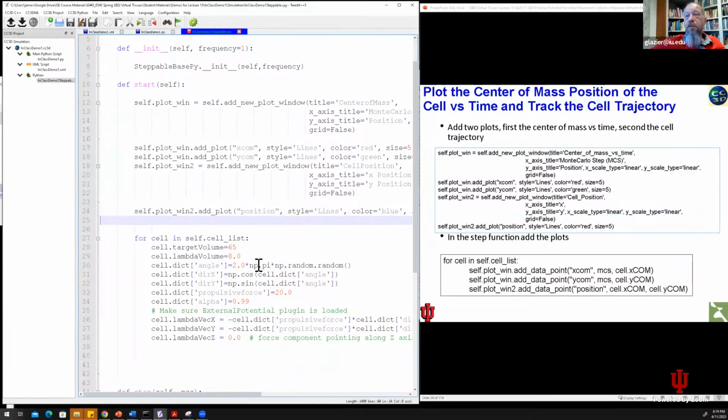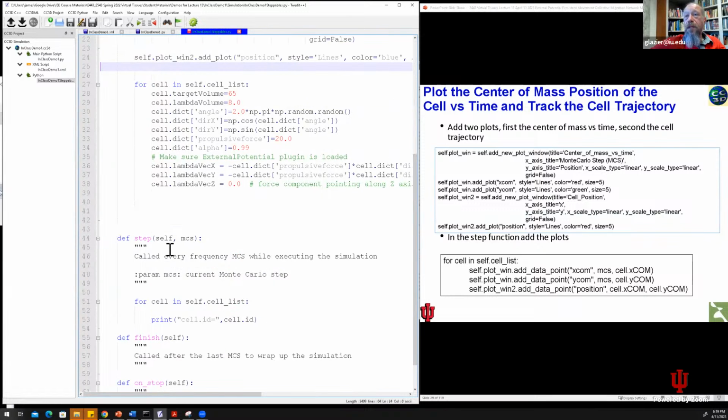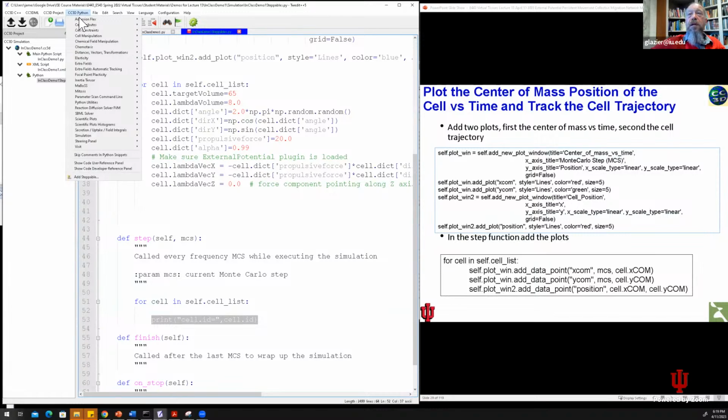So that creates my two frames. And then in the step function now, I'm going to go over the cells in self.cell list. And now I want to add my points, using the scientific plots add data point.